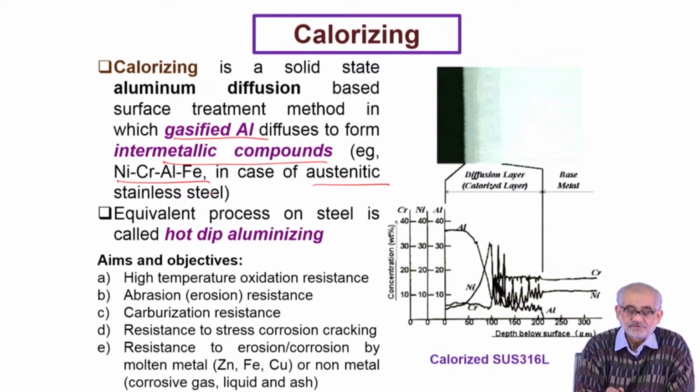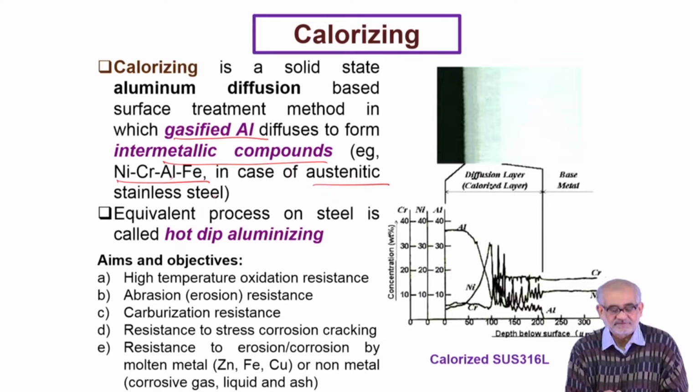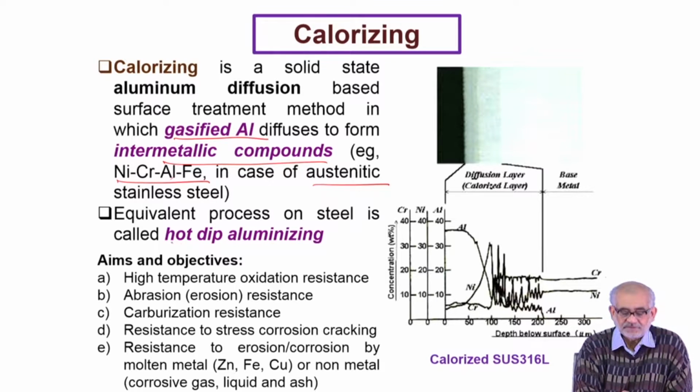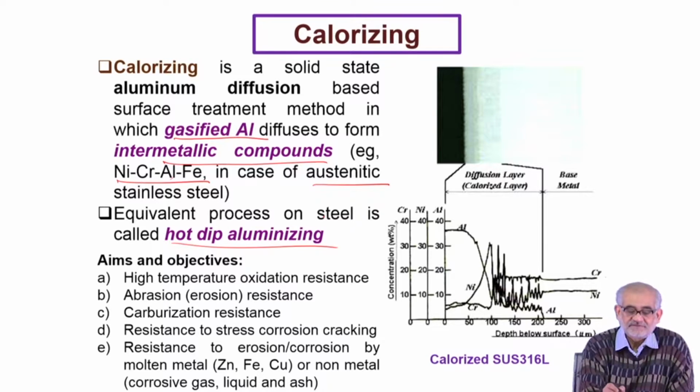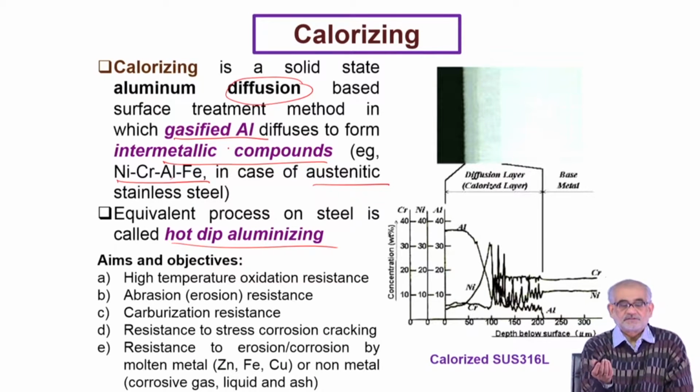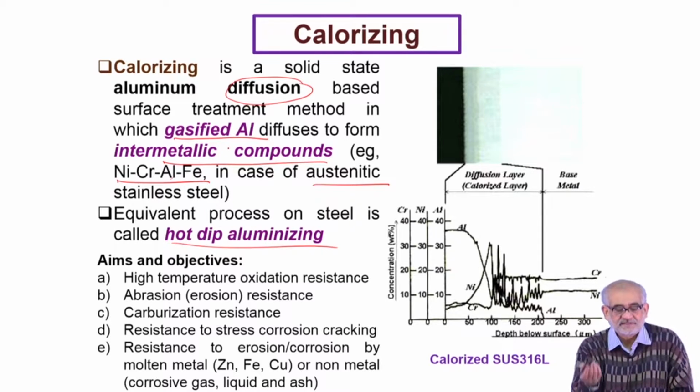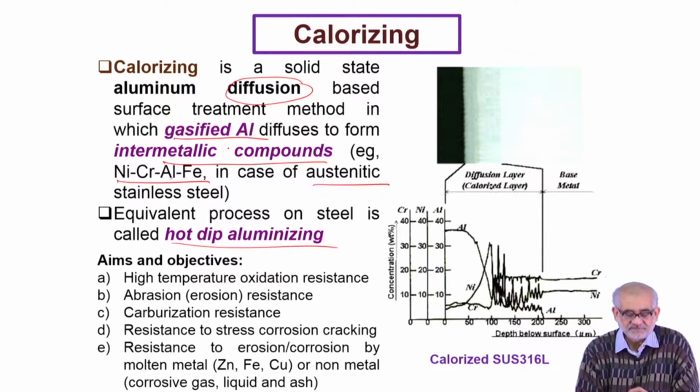When you expose stainless steel, say austenitic stainless steel, to aluminum, then you can form various aluminides or intermetallic phases. This is comparable to hot dip aluminizing, but differs in that here the diffusion of aluminum is occurring in the solid state. There is no molten layer at all in contact with the surface, and the entire amount of aluminum is coming from the vapor state.